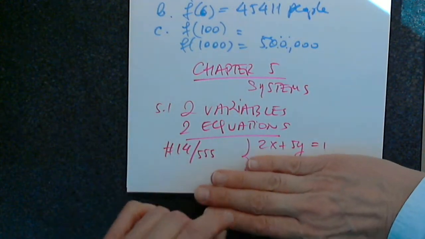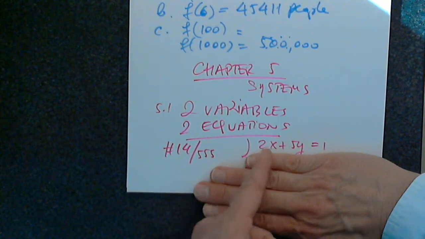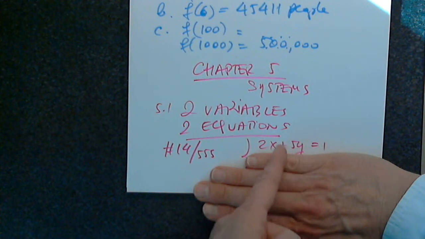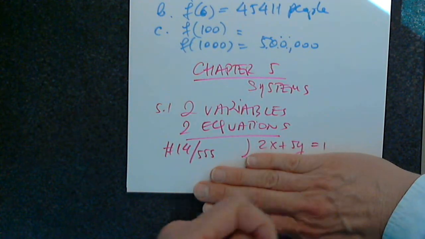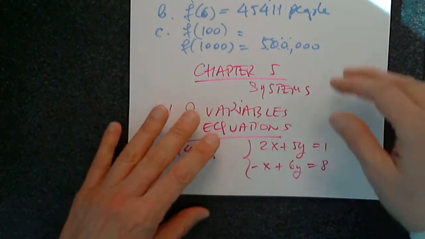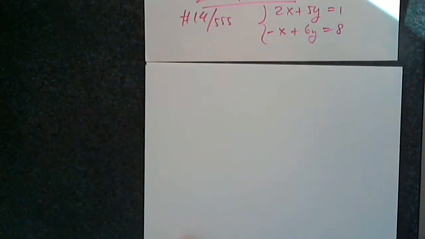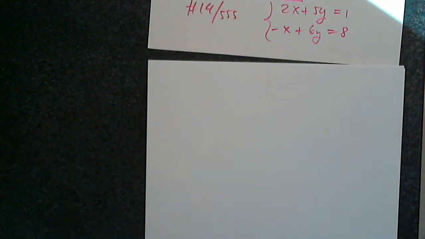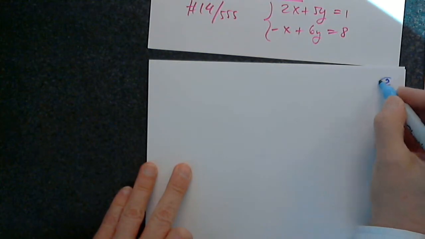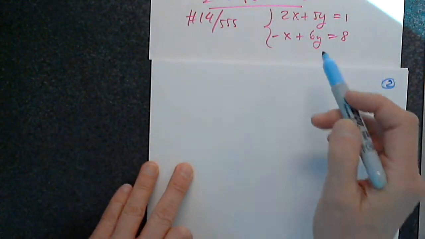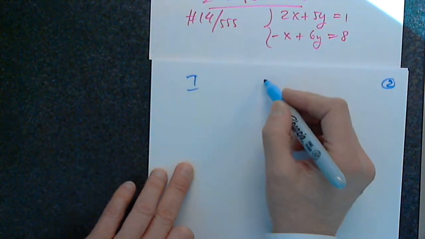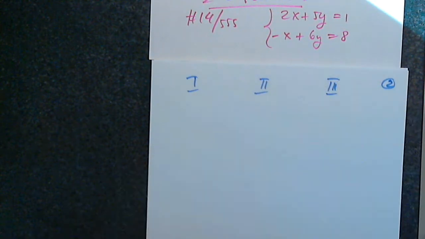If you forget for a moment about the second equation, if you were to graph this, how would you graph it? Exactly. It's a line. Excellent. So what can happen here? What could be the solutions? We are talking about two lines, right? Case 1, case 2, and case 3.